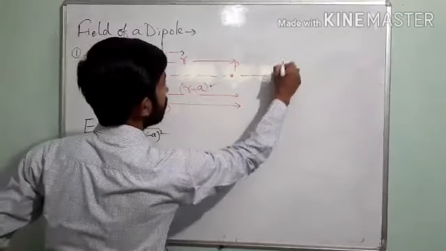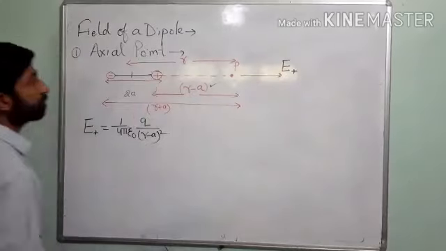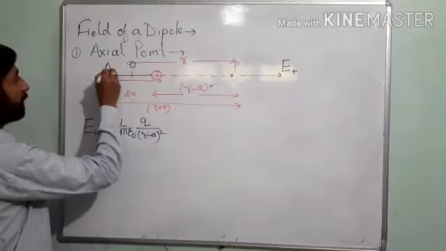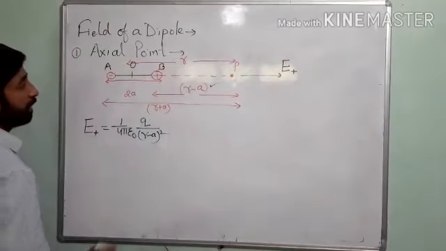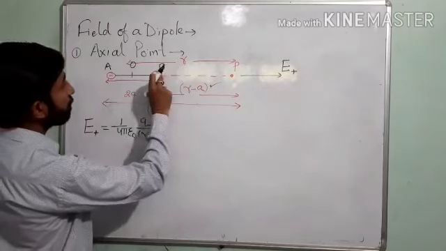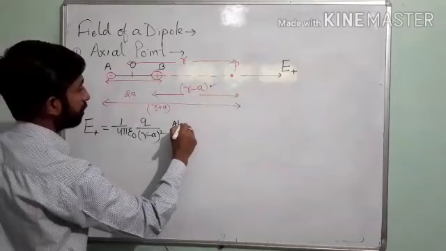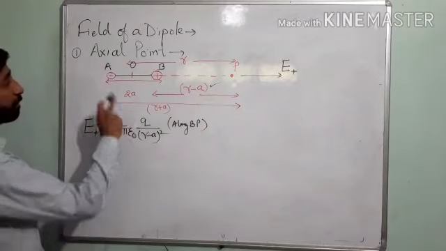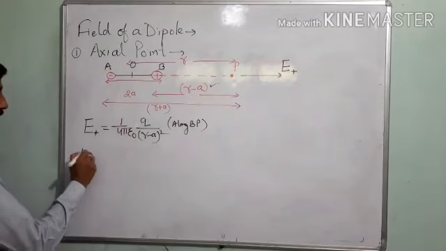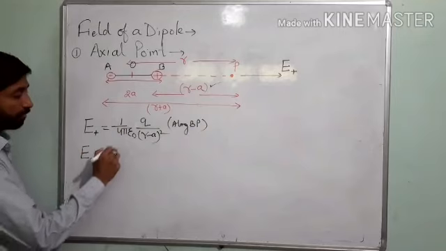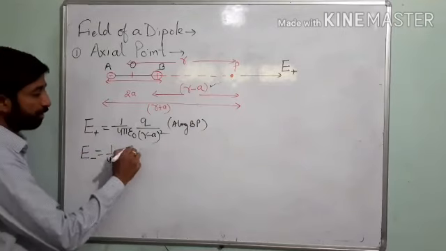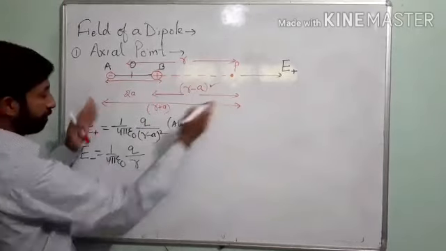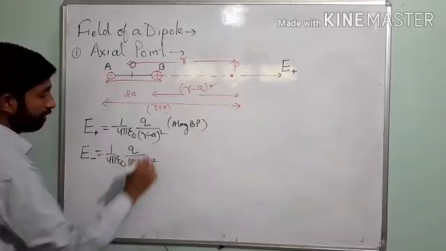This is the direction of E plus. Suppose this is point O, right? And this is A and that is B. And the direction of the field will be along BP. Now the electric field produced by the negative charge, denoted by E minus, is equal to 1 upon 4 pi epsilon naught q upon the total distance, that is (r plus a) whole square.